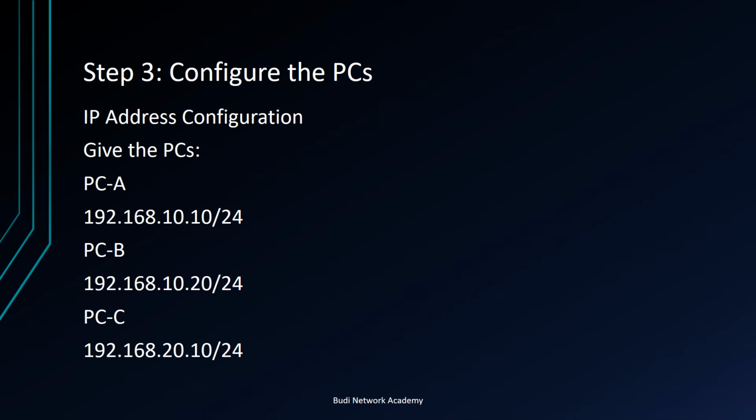And PCC will have 192.168.20.10 with the same /24 subnet mask. For this simple lab, we don't need to configure a default gateway yet, because we are only testing communication within the VLANs. Once the IP addresses are configured, we are ready to test our network.